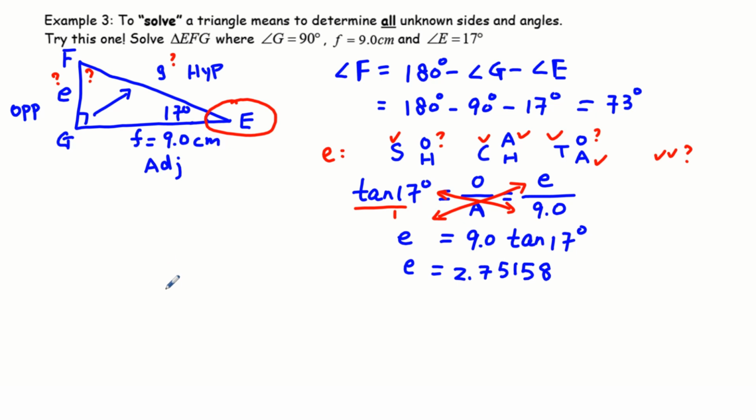Then after that, you could have two methods to find the side G. One is we could solve for G using Soh Cah Toa.